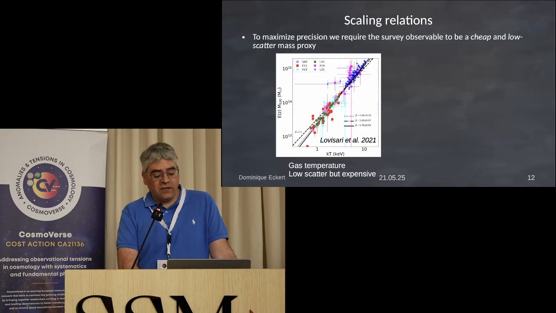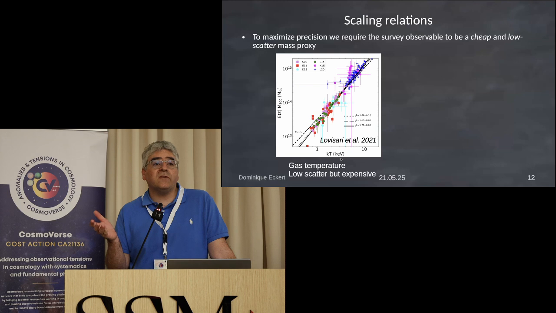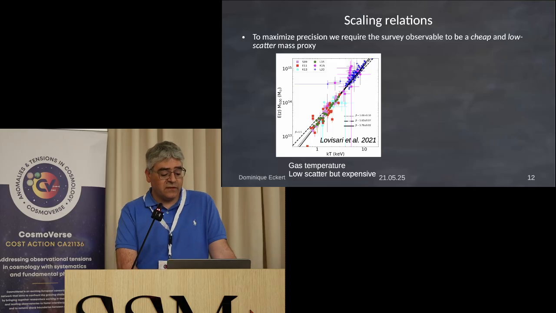So here you have an example, which is the relation between the mass and the temperature. And this is a case of a low scatter proxy. You see that the temperature is very closely related to the mass of the system, but it's also expensive because it requires good quality data in order to measure.